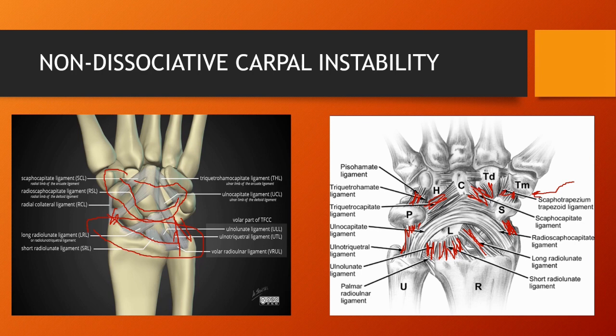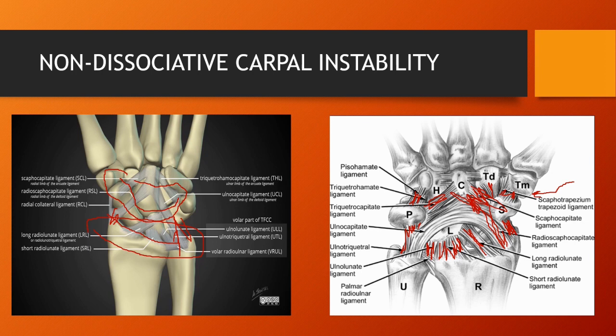Well, in addition to those, we also have ligaments that span the articulation from the distal radius and ulna all the way to the distal row of carpal bones. So for example, we have here the radioscaphocapitate ligament here that spans now two articulations.